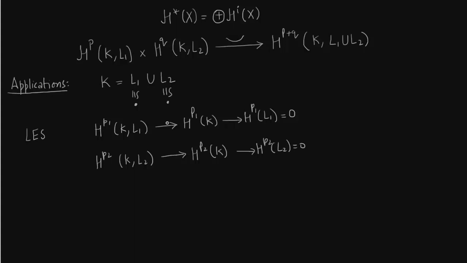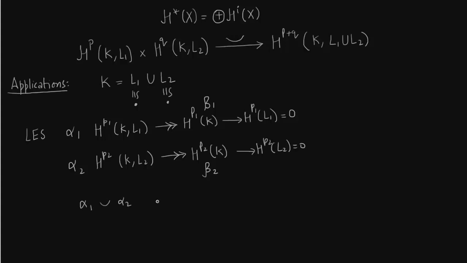So we have an epimorphism right here and here. We have surjective maps. So the elements of HP1 K come from HP1 K, L1. Similarly, HP2 K, L2 elements contribute to all elements in HP2 K. So beta 1 comes from alpha 1, beta 2 comes from alpha 2, precisely because the map is a surjective map.